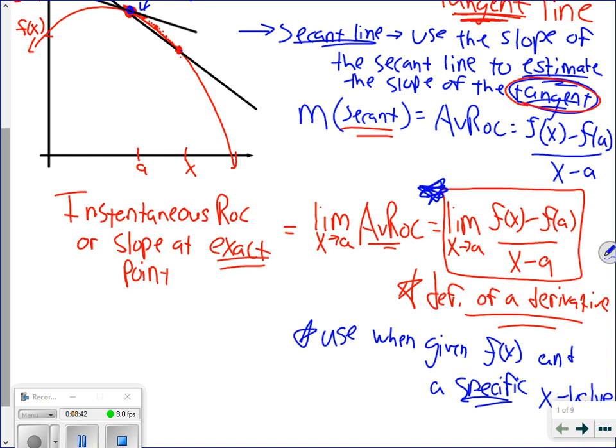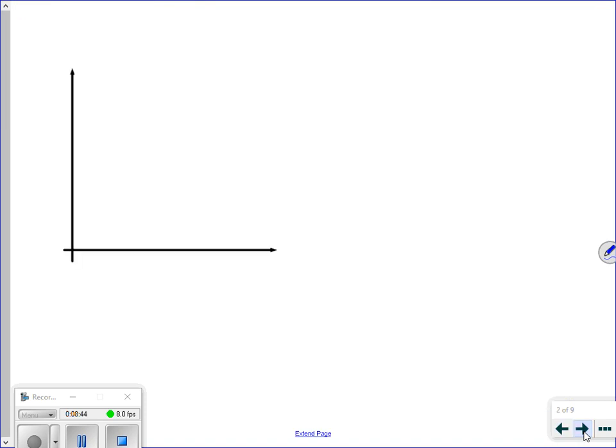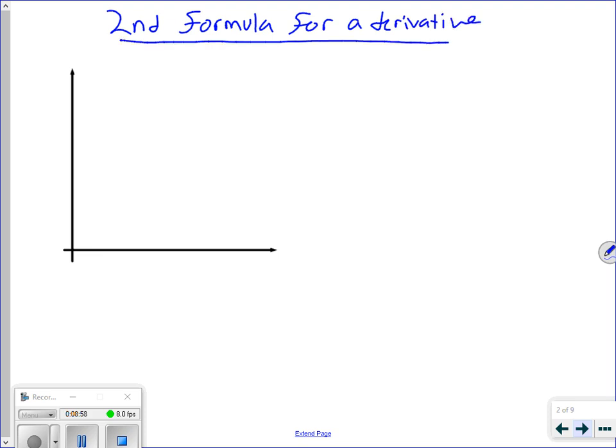And it's the same idea. So this is the second formula. There's two formulas for the derivative. This is the second formula for a derivative. Now I'm going to use the same graph as before. Here's my graph right here. I'm going to call this point right here a, so this will be f of a.